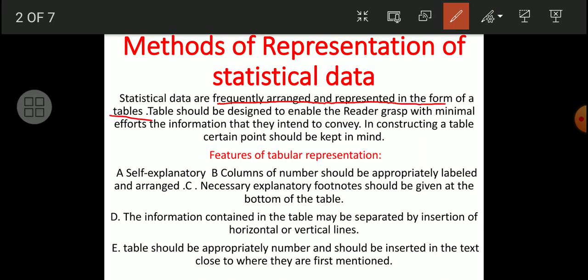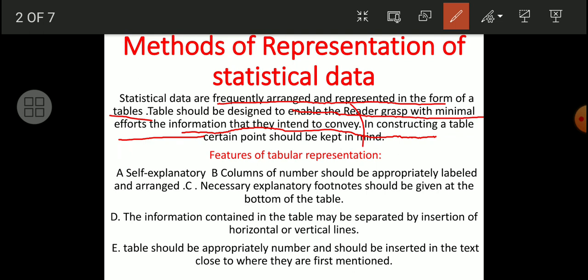So tabular form data is also very concise, comprehensive, and easily understandable. A table should be designed to enable the reader to grasp with minimal effort the information that they intend to convey, isn't it?